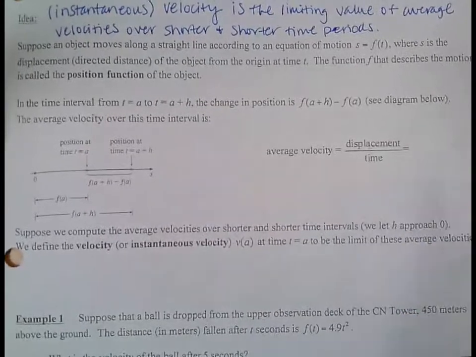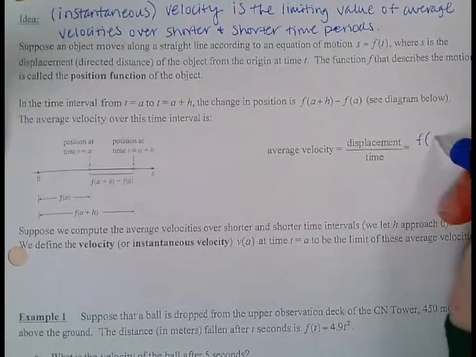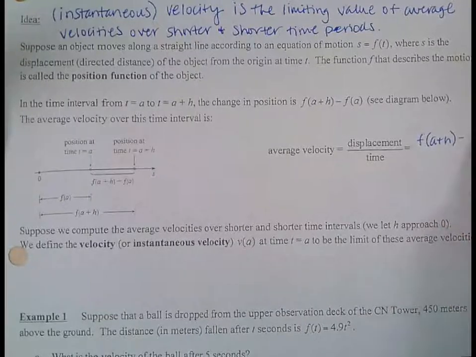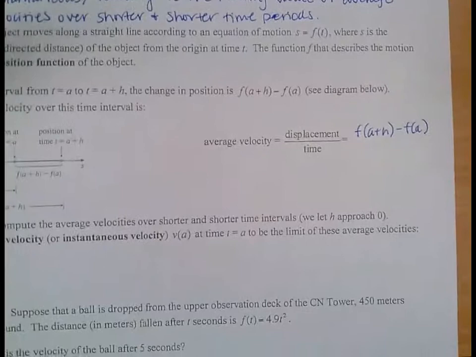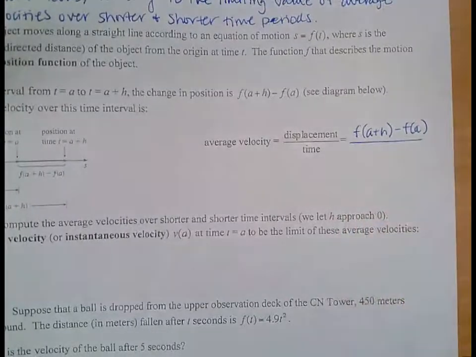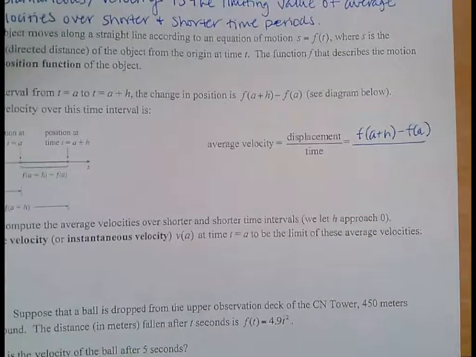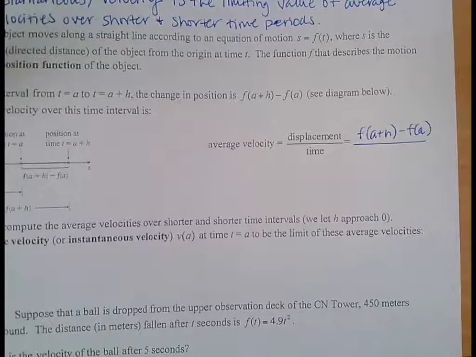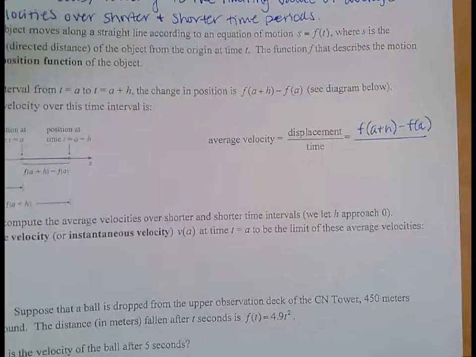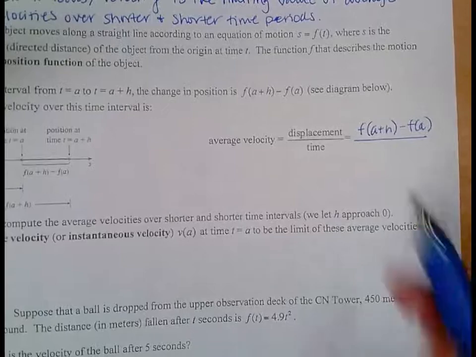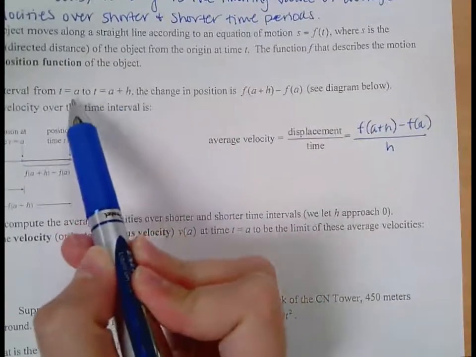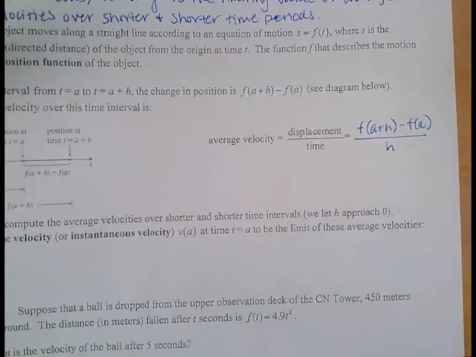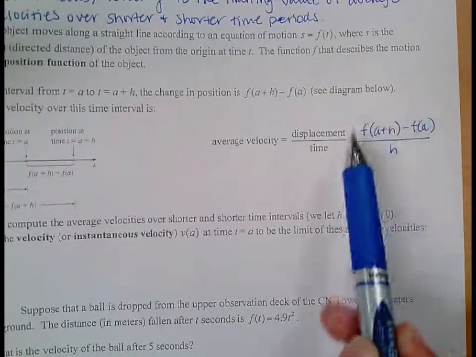Our displacement was f of a plus h minus f of a, over the change in time. What would the change in time be? Just h, yes, because we're going from a plus h and subtracting a, so it would just be h.